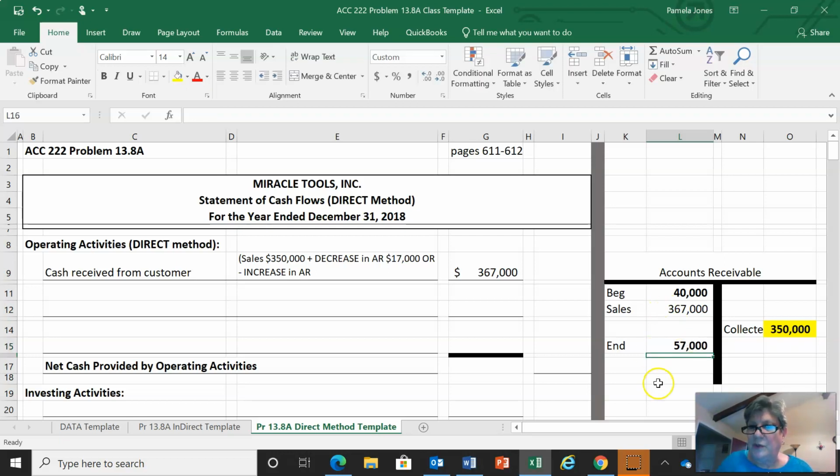So if accounts receivable had increased by $17,000, that would mean that we collected $17,000 less in cash from customers than we had sold on account to customers. So we do the opposite adjustment on that one. So again, let me put our actual numbers back in here.